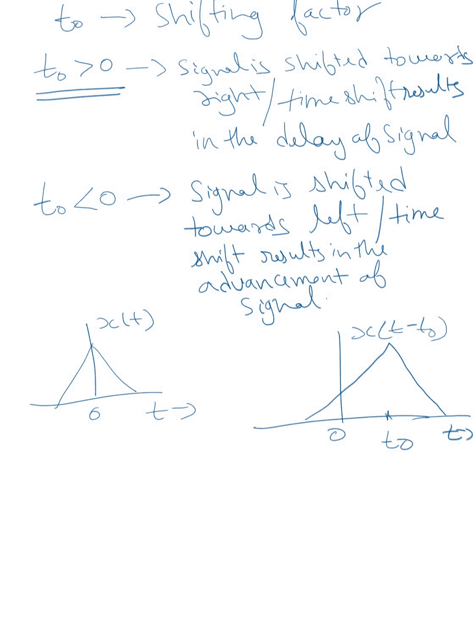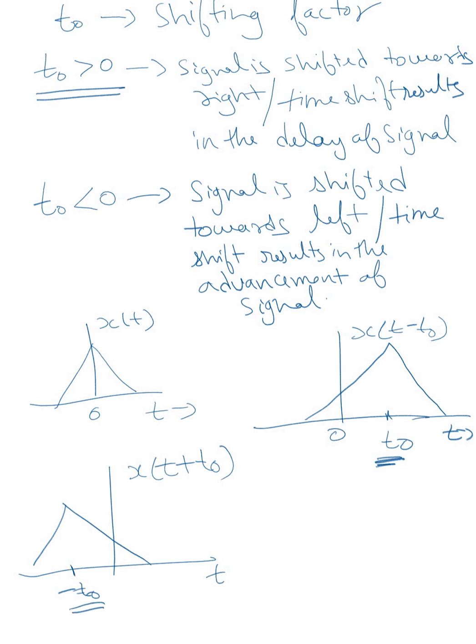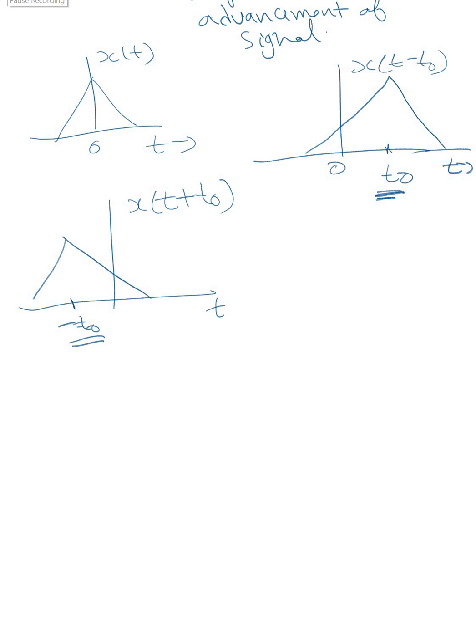If we assume t naught to be a positive entity, the same signal is now shifted towards right, and the shift is by a factor of t naught. Similarly, if t naught is less than 0, then it becomes x of t plus t naught. We find the signal is shifted towards the left on the time domain axis, and the shift is again by the factor t naught.